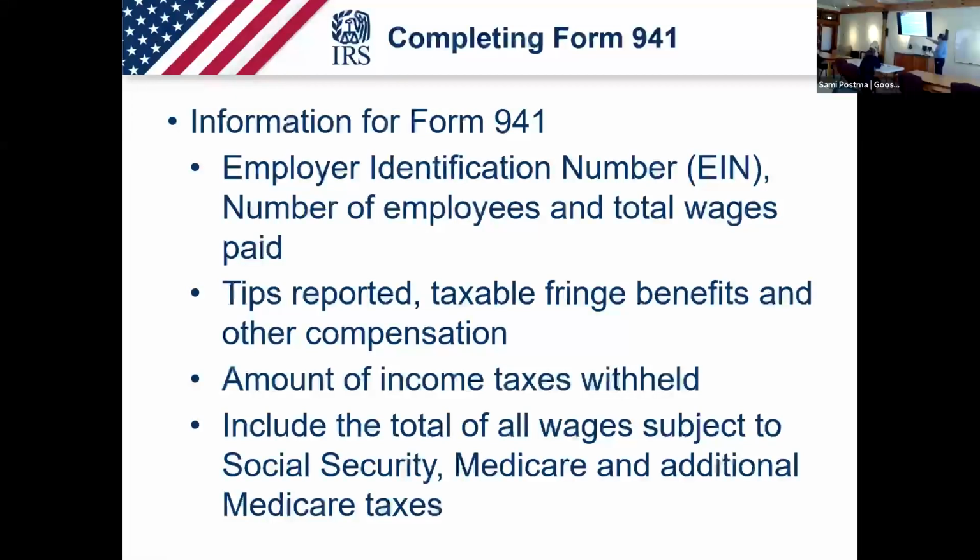Also, the total amount that's subject to Social Security, Medicare, and then additional Medicare. So most everyone's going to be Social Security and Medicare. Not everybody's going to have additional Medicare. Additional Medicare is for high wage earners. And so if you do have some high wage earning employees, they do pay additional Medicare taxes.